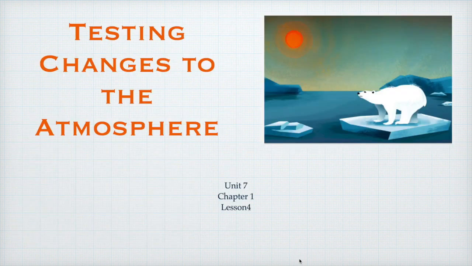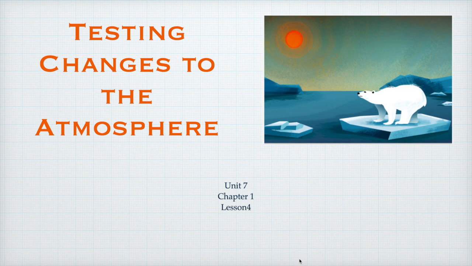So we concluded, in the last lesson, that there must be something going on in the gases in our atmosphere. The gases in the atmosphere can be put into the atmosphere from human or natural causes.